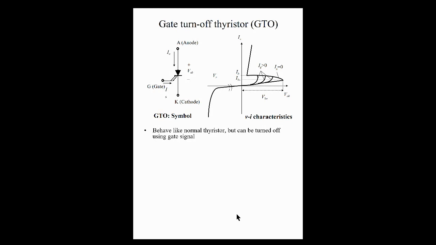Unlike with the thyristor, when you remove the gate, the device was latched. The device remained on, right? So the thinking was, how can we get a device where we're able to control it from the gate, right? So the GTO came on the scene in response to that, right?